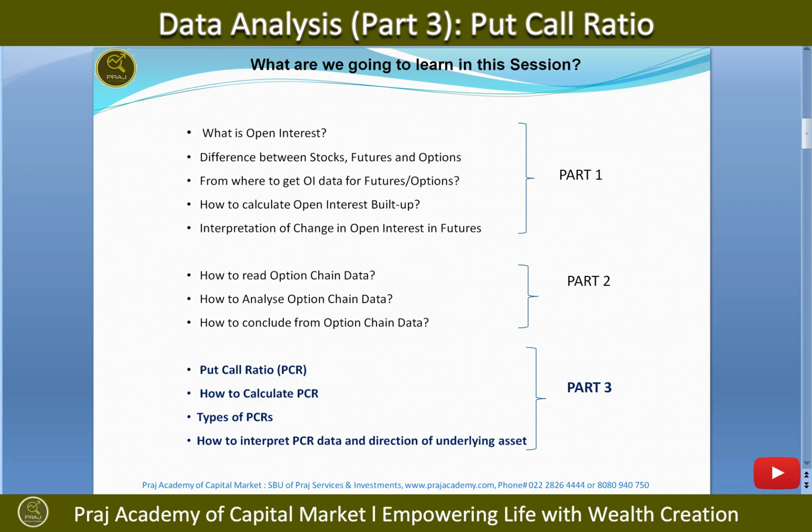If you have landed directly in this session without seeing the videos of part 1 and part 2, I strongly recommend you to watch part 1 and part 2. That will provide you clarity in learning the PCR ratio and interpreting from it.